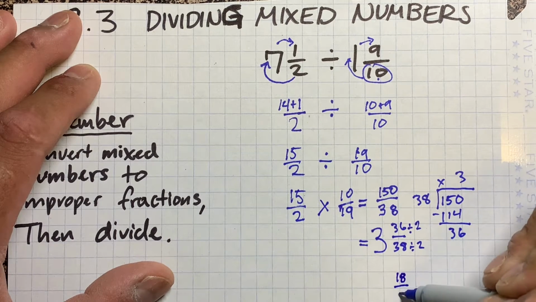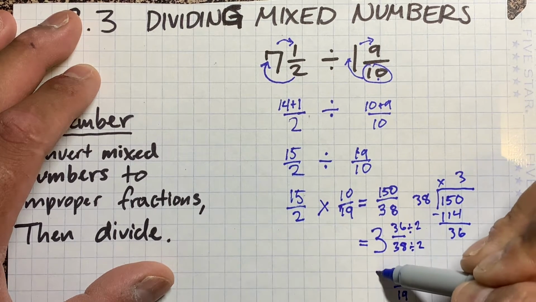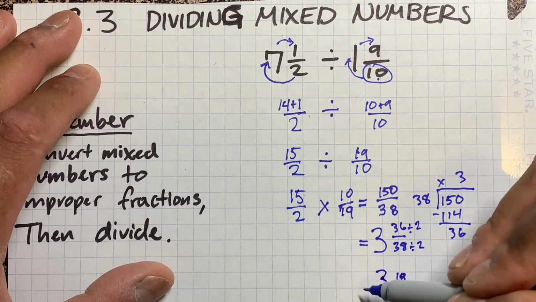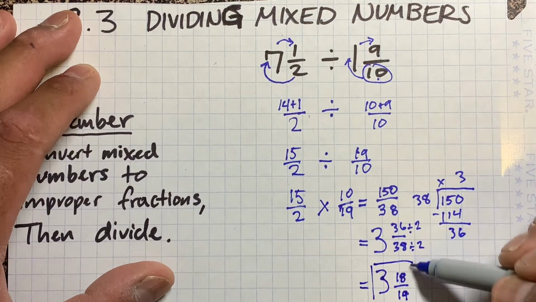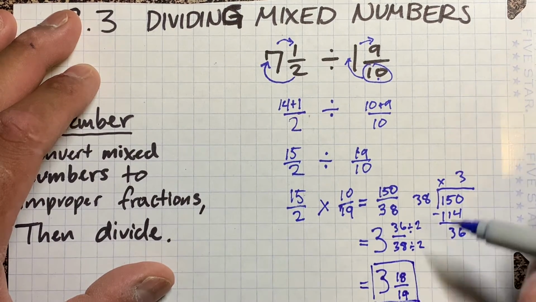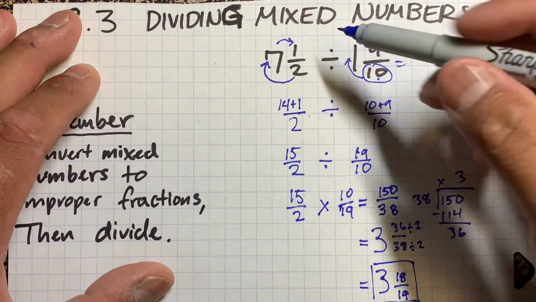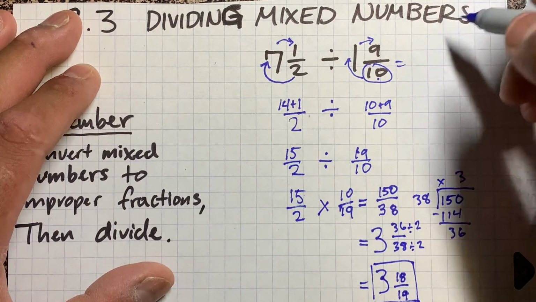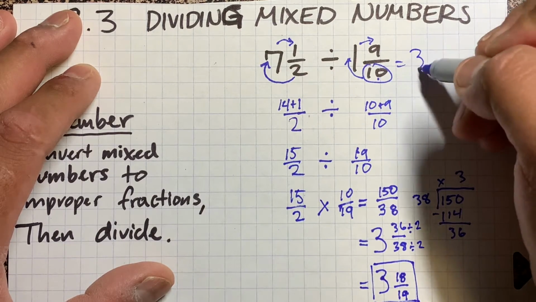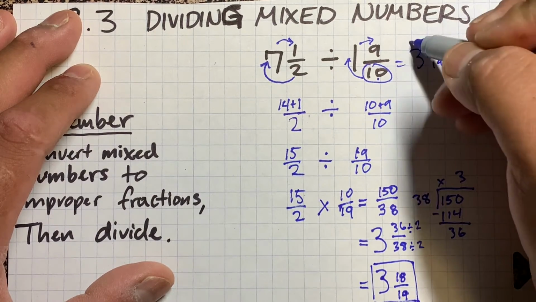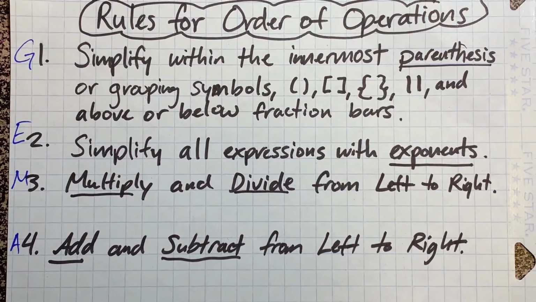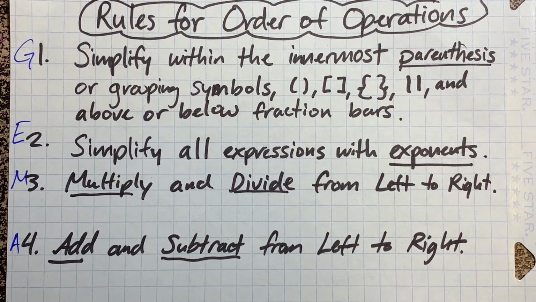Half of 38 is 19. So 19 is a prime number, and that's your final answer in the simplified form. All right, so just to backtrack, 7 1/2 divided by 1 9/10 is going to be 3 and 18 over 19 as a final answer.